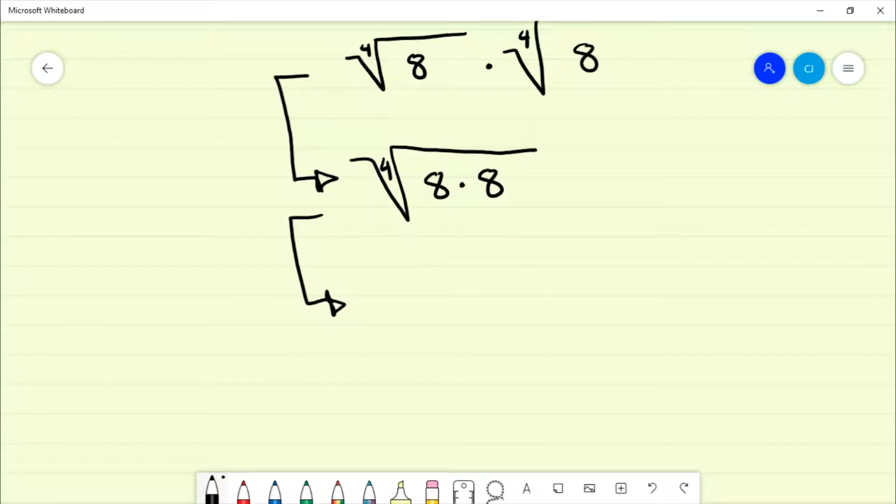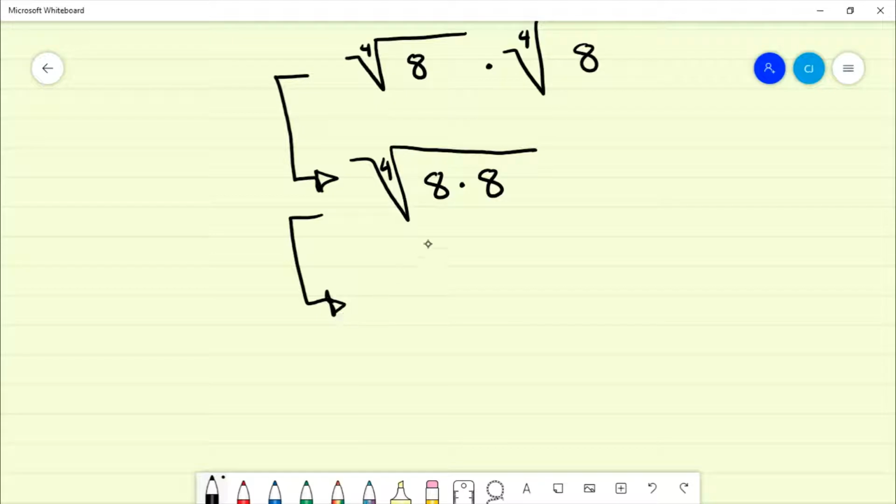But before we multiply these two numbers, I want to urge you to try to see if you can somehow unpack what's inside of the radical symbol in a way that you can then combine it again so that it has the fourth power. And I'll show you what I mean.